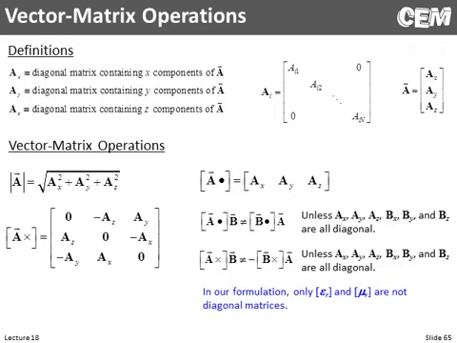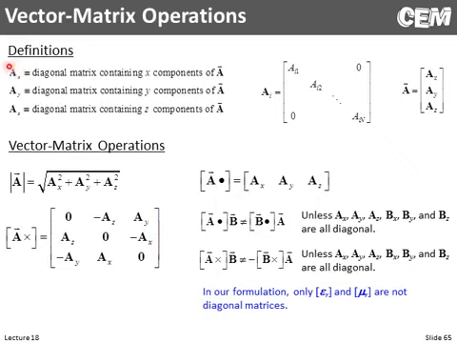Now we want to talk about operations and a little bit more about notations. So we have a capital bold letter, so we right away know that this is not a column vector but a square matrix.